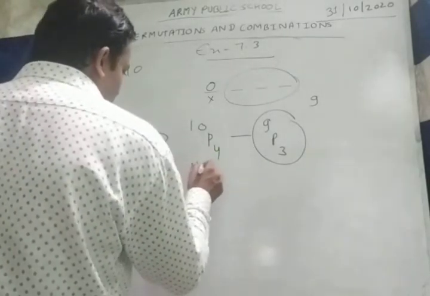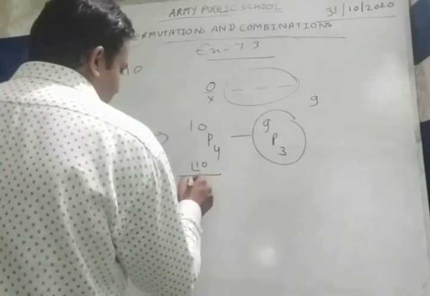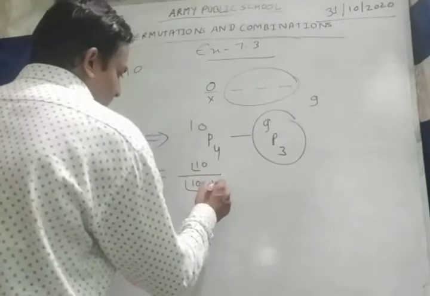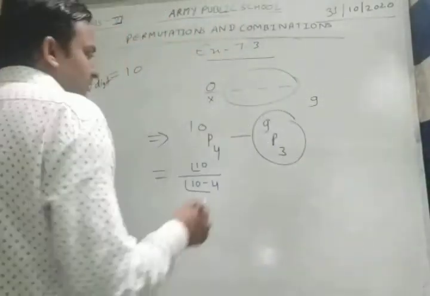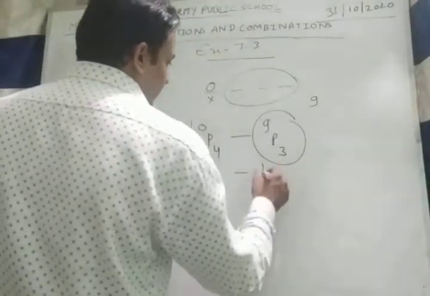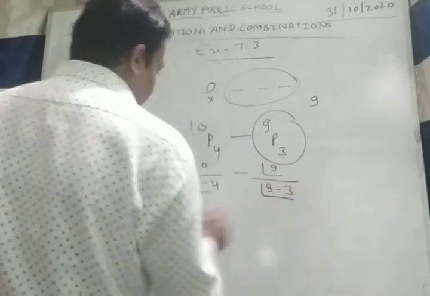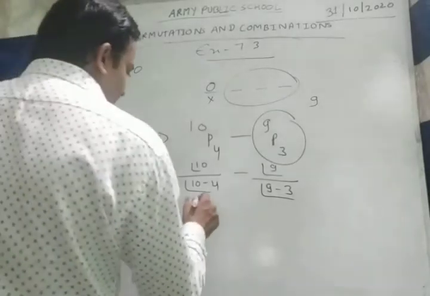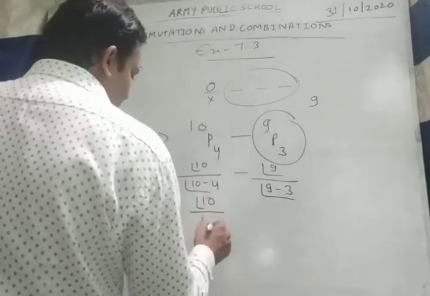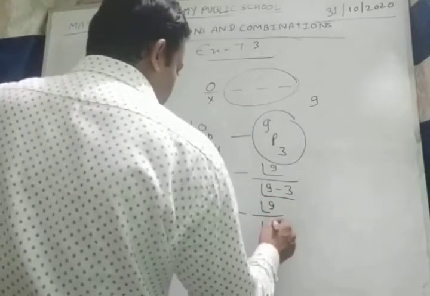We write factorial 10 upon factorial 10 minus 4, and minus we write factorial 9 divided by factorial 9 minus 3, and this is equal to what? Factorial 10 by factorial 6 minus factorial 9 by factorial 6.